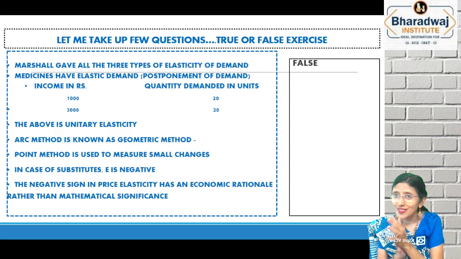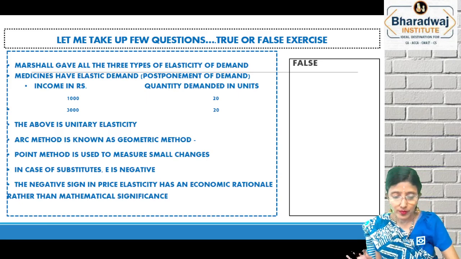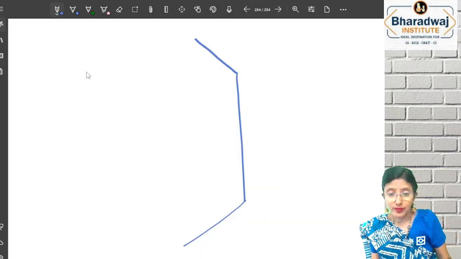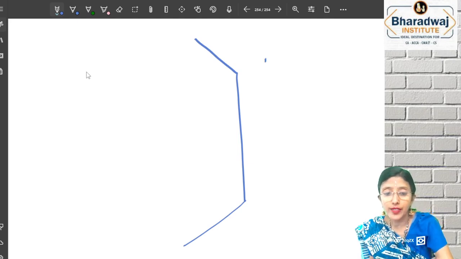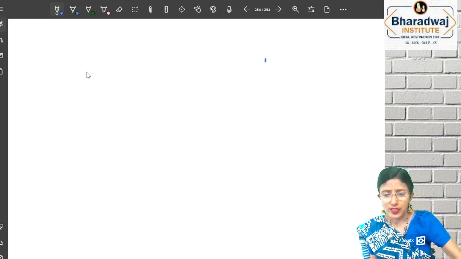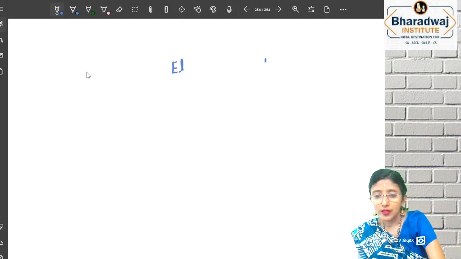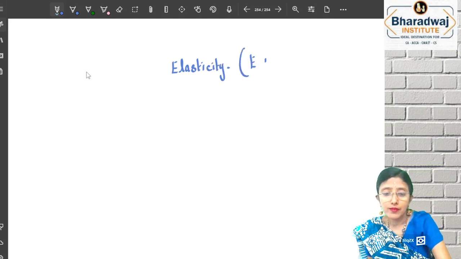What was the answer? See, this is elasticity with an empirical example. Elasticity definition. Were you able to write that answer?